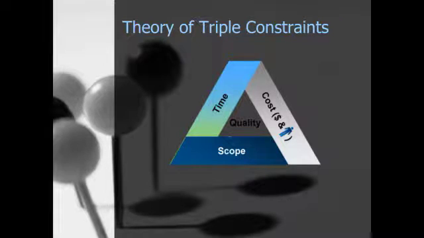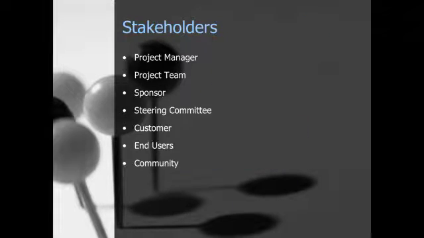Similarly, if your budget was cut, you probably couldn't meet as many of your objectives, or it might take you a lot longer to meet the objectives based on that budget adjustment. So the importance of this theory of triple constraints is that if one side of the triangle moves, the rest have to move to give with that change to keep that quality intact.